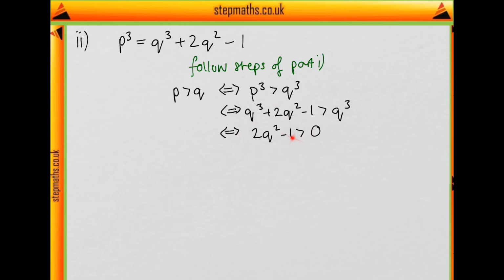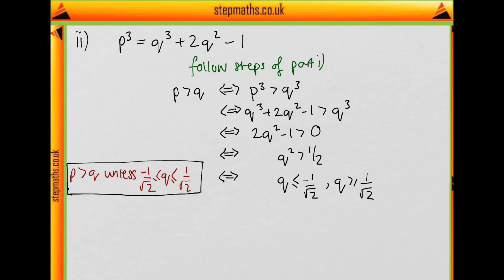This gives us 2q squared minus 1 is greater than 0, and rearranging, q squared is greater than a half. That tells us that q must be less than or equal to minus 1 over root 2, or q is greater than or equal to 1 over root 2, for p to be greater than q. So we can conclude that p is greater than q unless q is between minus 1 over root 2 and 1 over root 2.